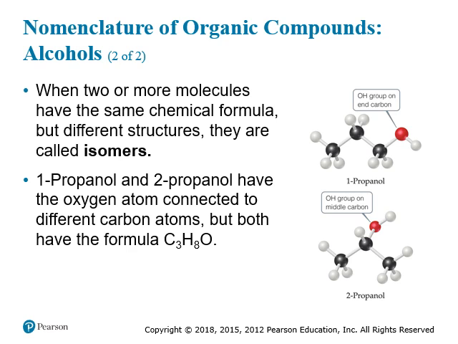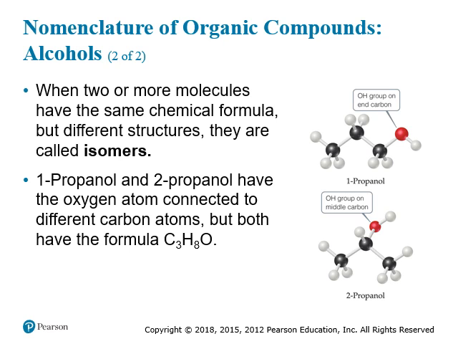The formulas are the same. They both have the formula of C3H8O. When 2 or more molecules have the same chemical formula, but they have different structures, these molecules are called isomers. So 1-propanol and 2-propanol are isomers of one another.